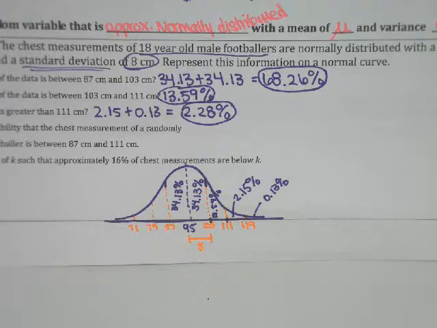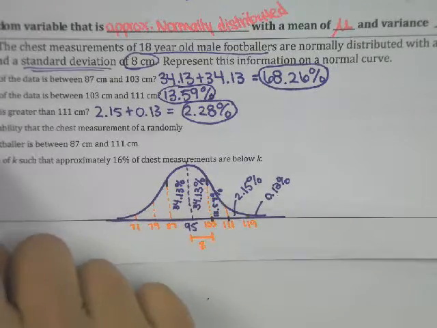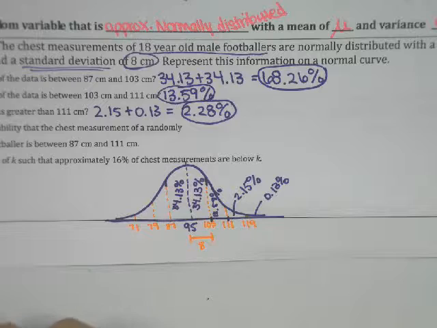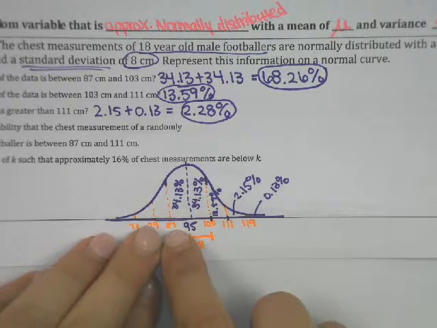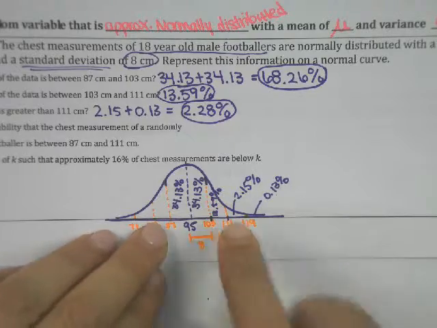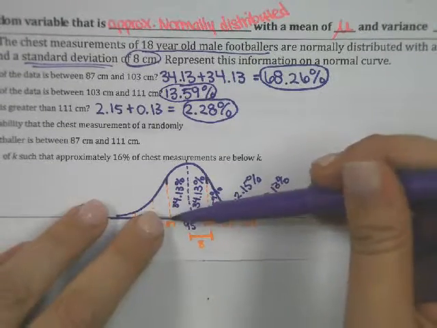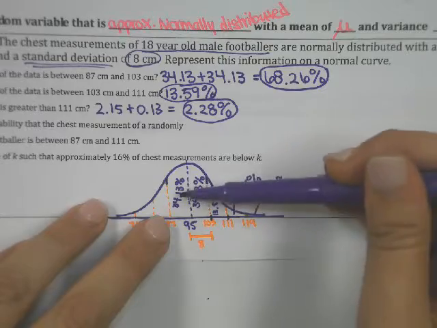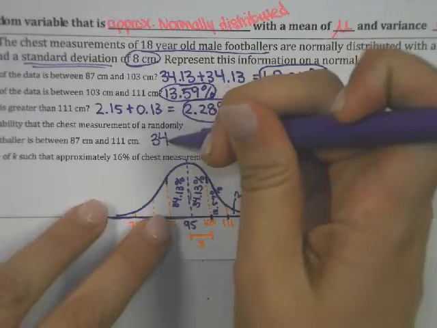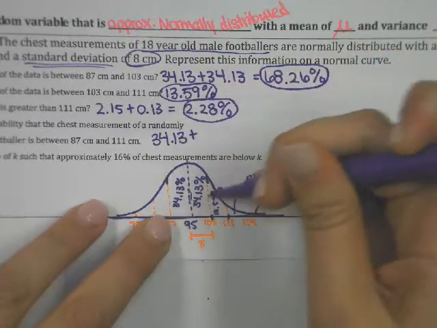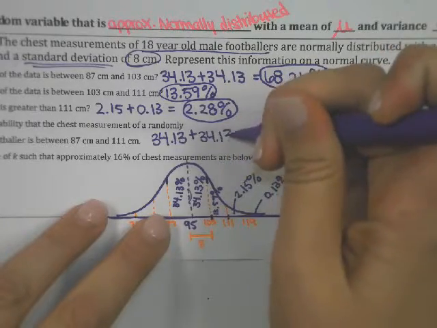Okay, so we're picking out which percentages go with each section. Find the probability that the chest measurement of a randomly chosen football player is between 87 and 111. So we already have all those percents labeled. Starting at 87, this section's 34.13. This section's 34.13.